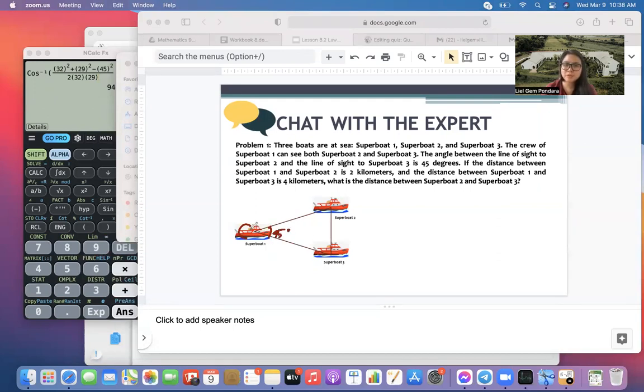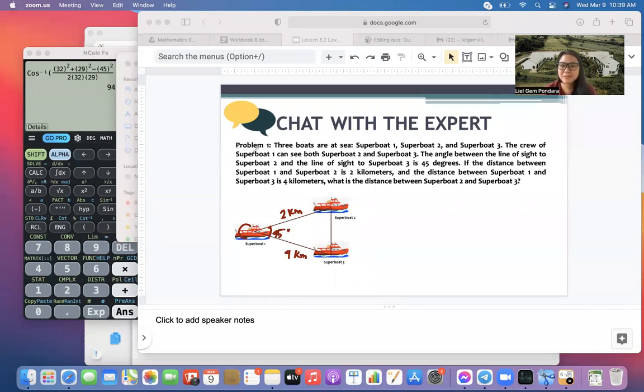If the distance between Superboat 1 and 2 is 2 kilometers, and the distance between Superboat 1 and 3 is 4 kilometers, what is the distance between Superboat 2 and Superboat 3?